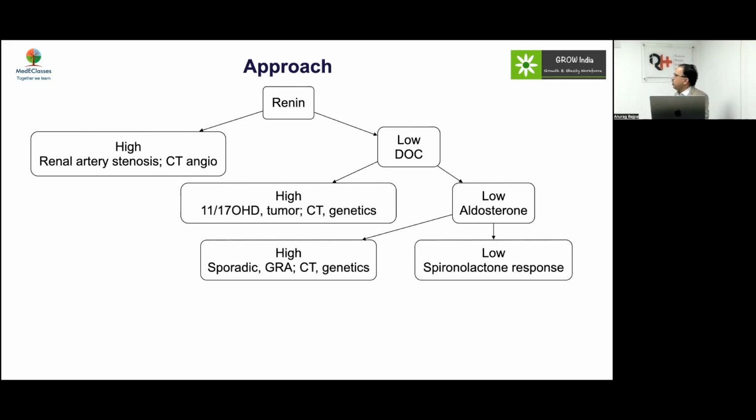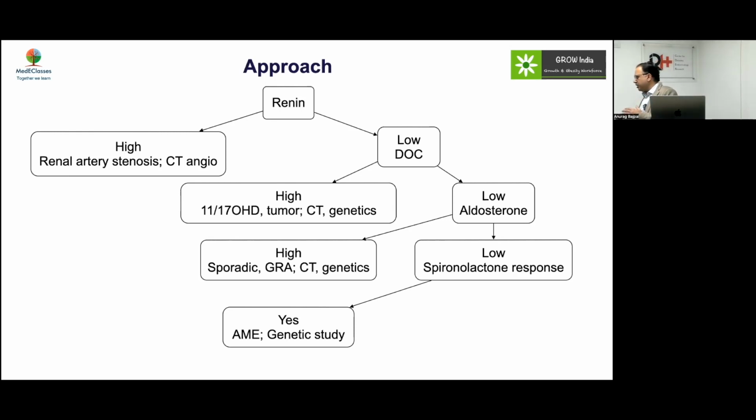If you have low renin, low DOC, low aldosterone, there are two differentials: either apparent mineralocorticoid excess or Liddle syndrome. Look for spironolactone response. If it's there, it's most likely an 11 beta HSD2 defect, which is apparent mineralocorticoid excess. In this case, you can do a genetic study.